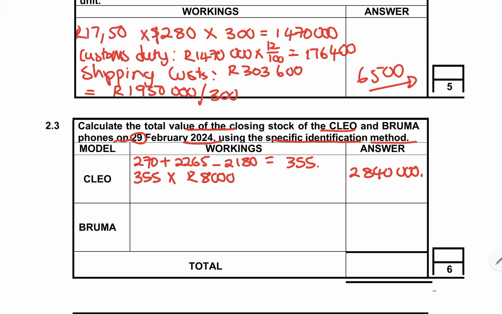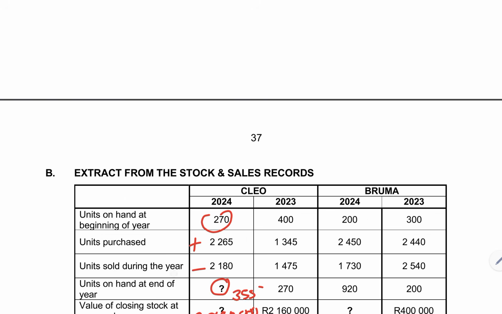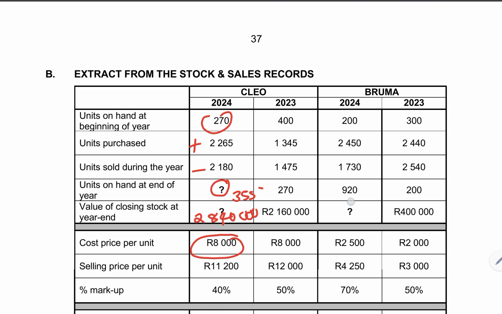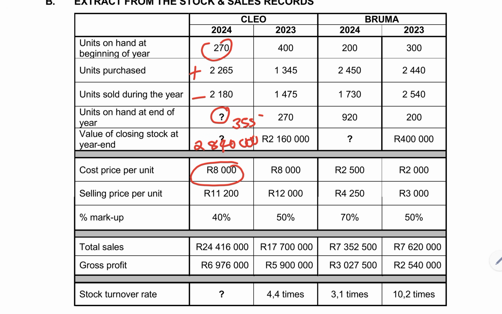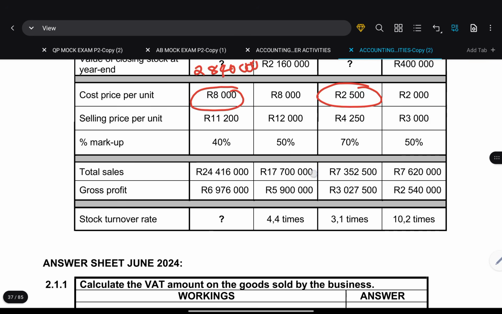Then we move to Bruma. In terms of Bruma, I think we are given the number of units on hand. I'm just not sure. Okay, yes, it's given as 920. Because they didn't return anything, you are just going to say 920 multiplied by your cost price of 2,500.